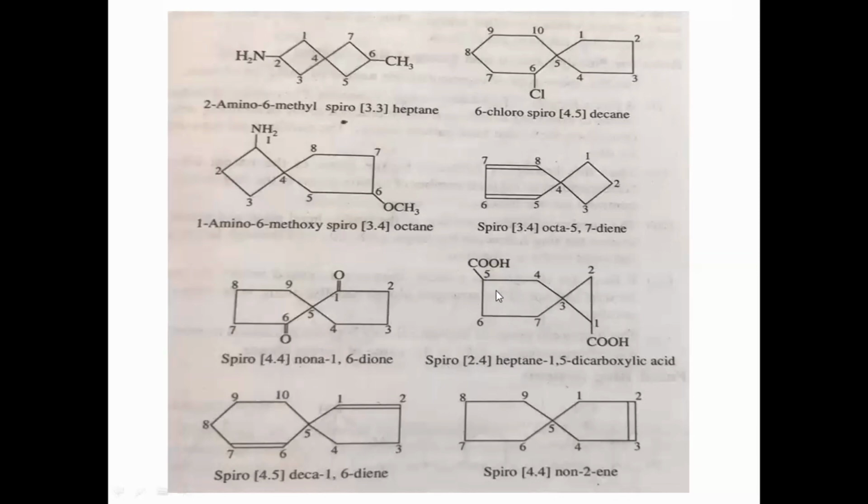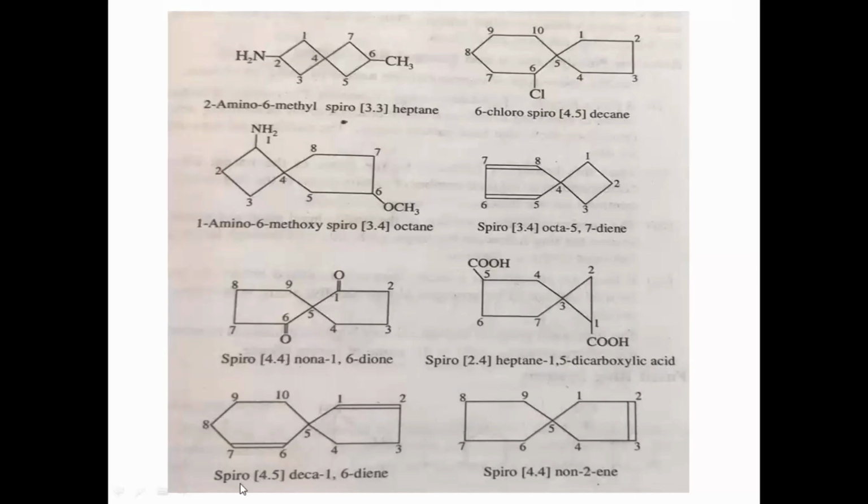Then at the first and the fifth positions the functional group, that is carboxylic acid. So 1,5-dicarboxylic acid. Also in these two compounds there is an unsaturation.